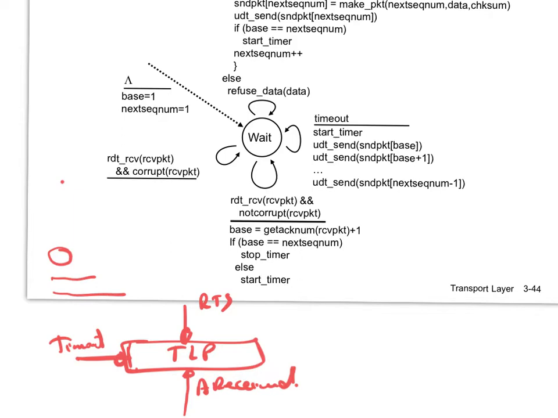Because this means that every segment in the window is waiting to be sent. Okay? But otherwise, what does that mean? That some packets inside the window have been sent. Okay? So that's some packets are already sent, but the acknowledgement has not been received.